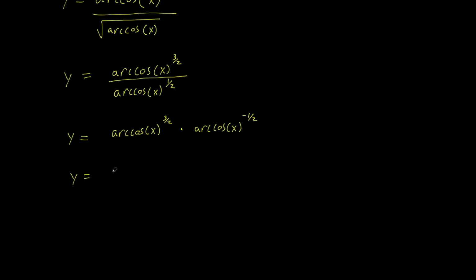We can say y equals arc cosine of x to the 3/2 minus 1/2. Let me write these exponents in a similar way. We have arc cosine of x to the 3/2 minus 1/2.